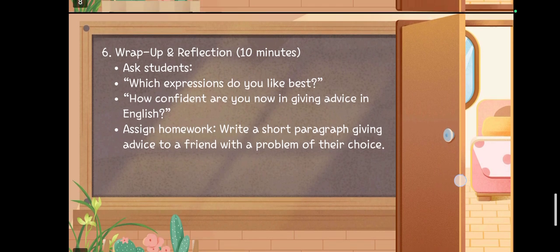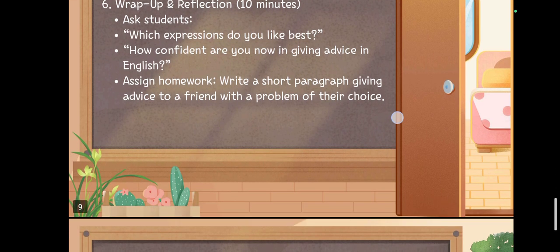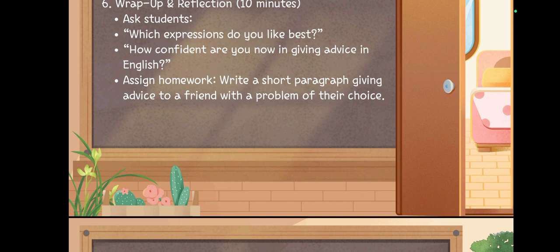So it is essentially an activity where you tell me which expression you like the best, or how confident you are in giving advice to other people outside of this class. And for your homework, you will write a short paragraph giving advice to a friend with a problem outside of this class.